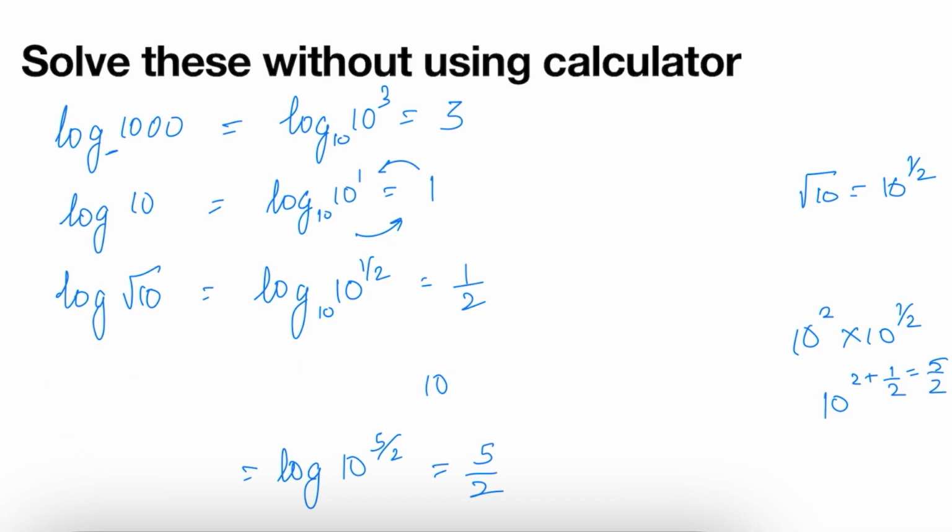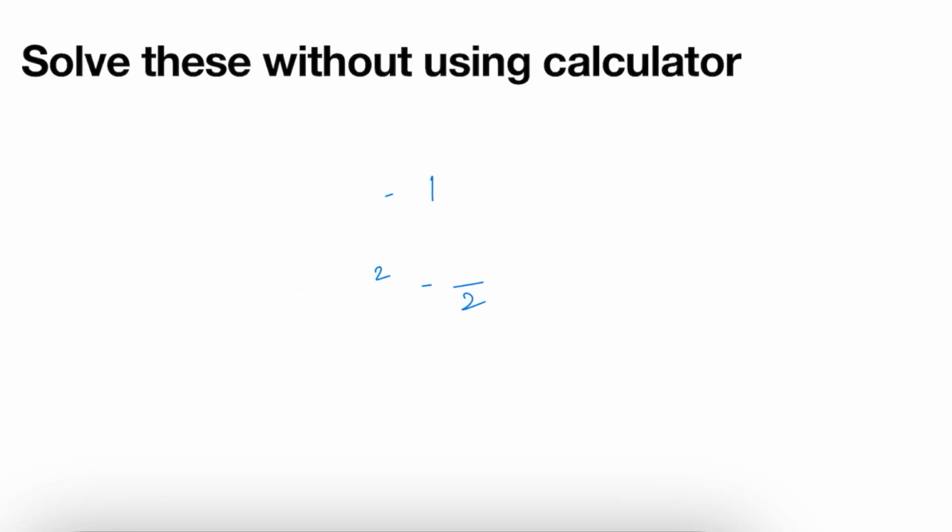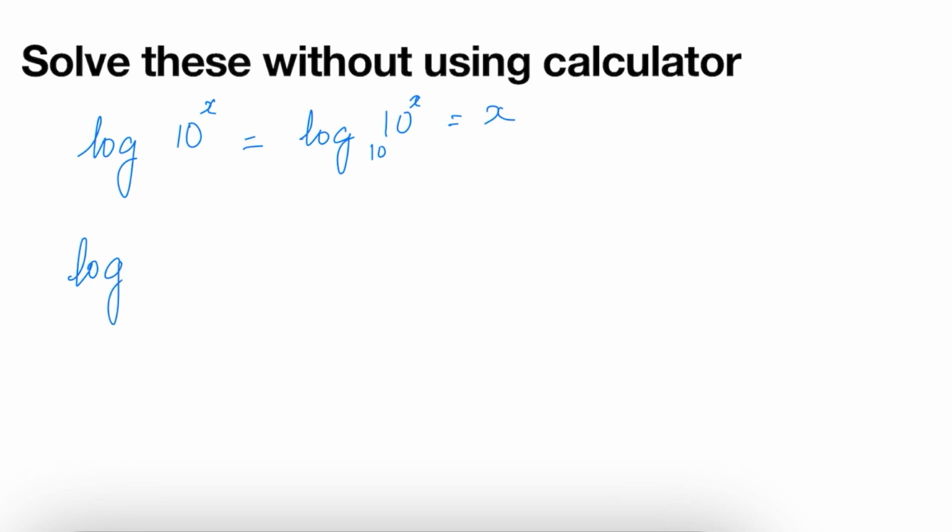Let's do a few more examples with variables. Okay, what is log 10 to the power x? Can you guess what is the value of this? It just means log 10 to the power x to the base 10 is equal to x, right? So let's use a different base.